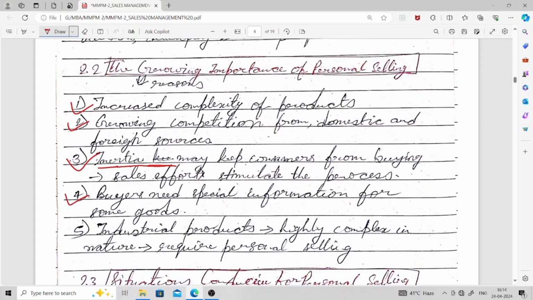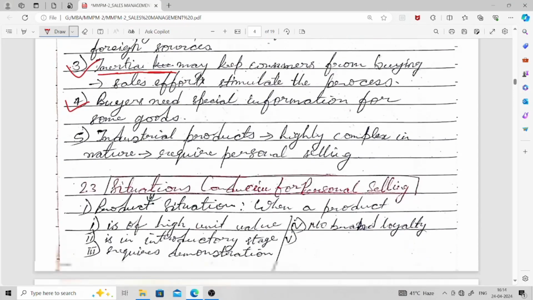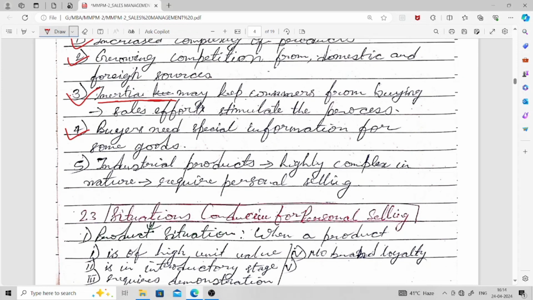Fourth reason given: buyers need special information for some goods, so that information is provided by the company through sales representatives. Fifth given: industrial products. Industrial products are highly complex in nature and require personal selling.